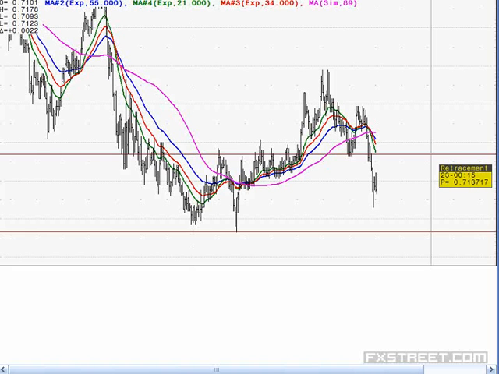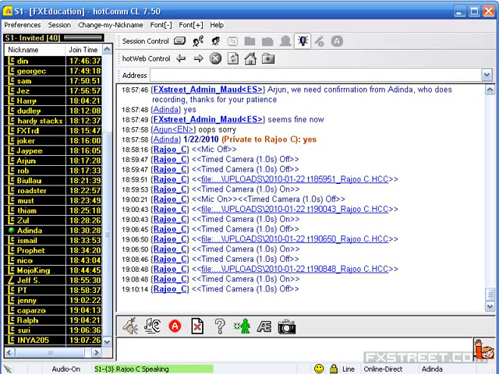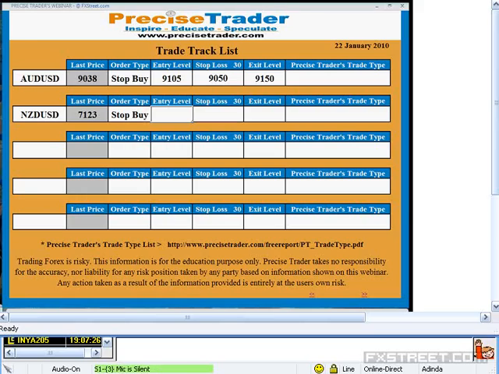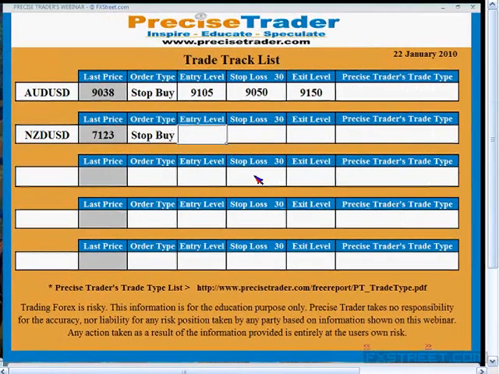71.45, right? So what we will do is, this one would be a stop buy order, again break above 71.45 with a stop loss of 71.05. So 71.45 we buy.